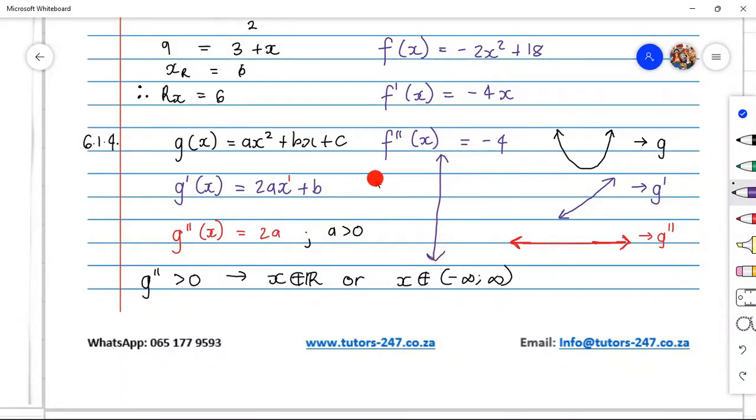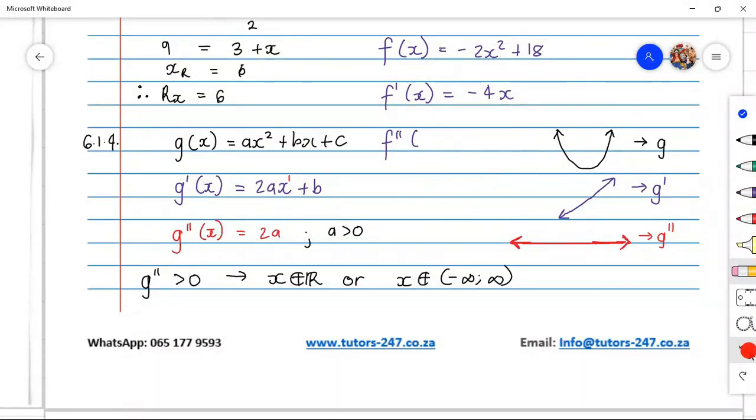So if we draw our axis, where we have negative 4, that is where our horizontal constant function will be. So if our original parabolic function is negative, we will have a second derivative or constant as a negative. If our original parabolic function is positive, we will have a second derivative or a constant as positive. So depending on the original function, that will affect our second derivative.